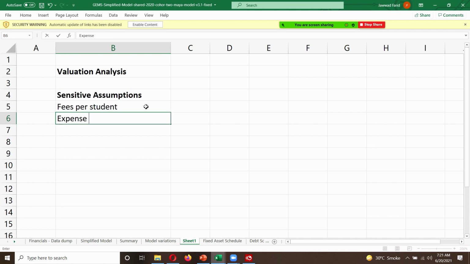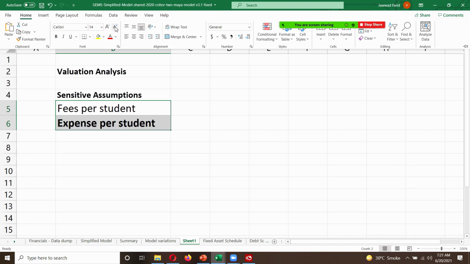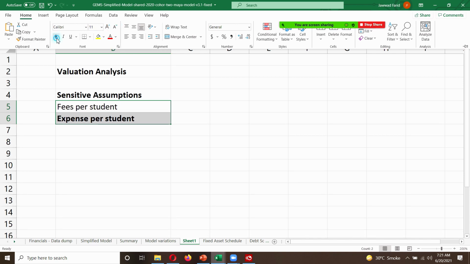One assumption is expense per student. So these are the sensitive assumptions that we're trying to identify, and we want to understand what kind of changes will actually lead to a change in the valuation. That's what I want to look for. What kind of assumptions will have an impact on the valuation model?